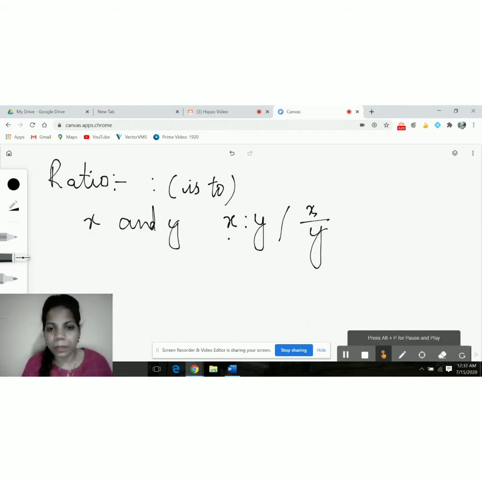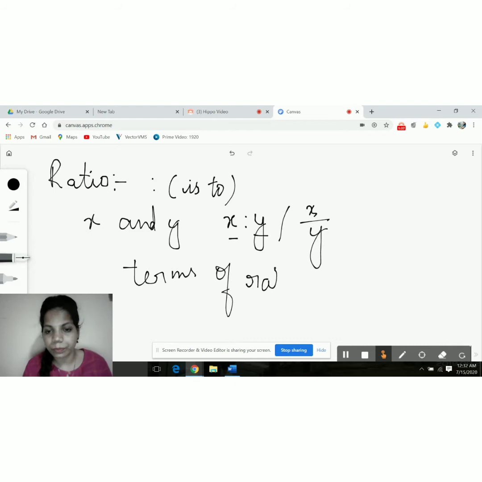Here, the two terms which we are comparing, x and y, are called terms of ratio.